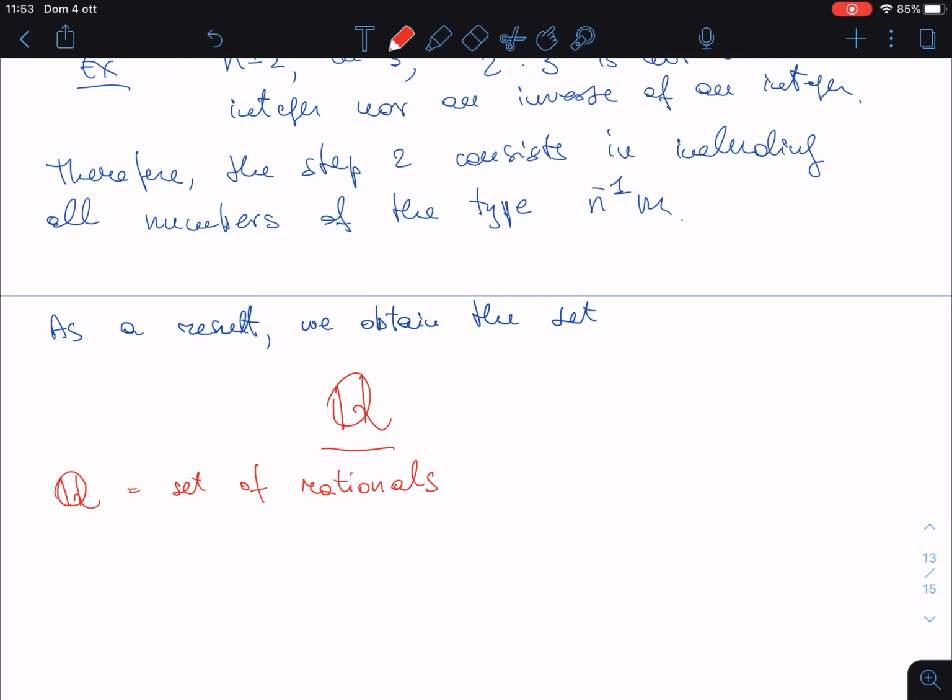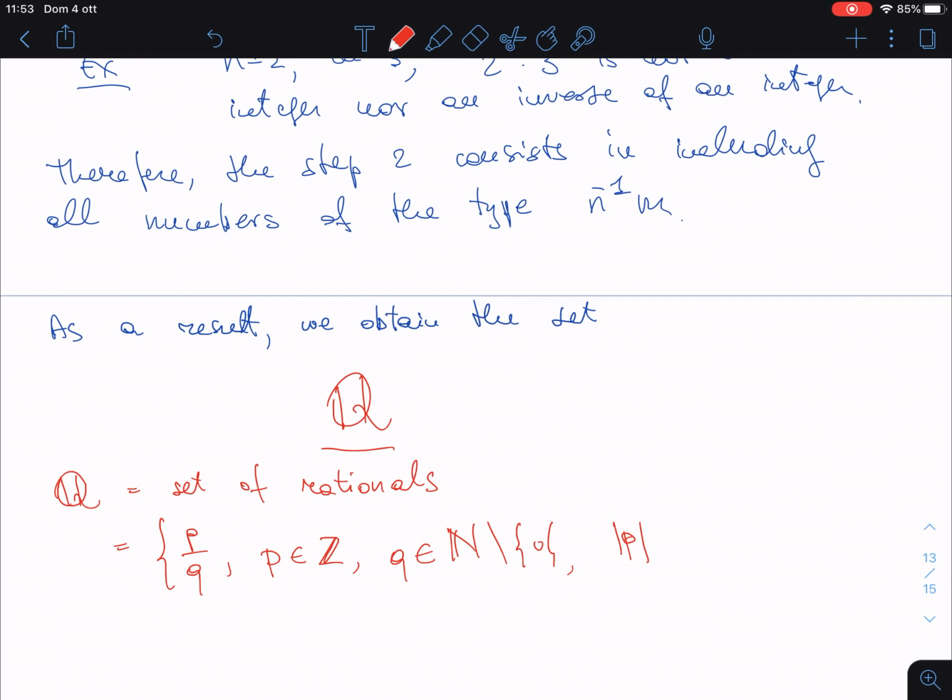And which is of the form P over Q, P in Z, Q in N minus 0, and let me say absolute value of P. We will define the absolute value later, but you know what it is.